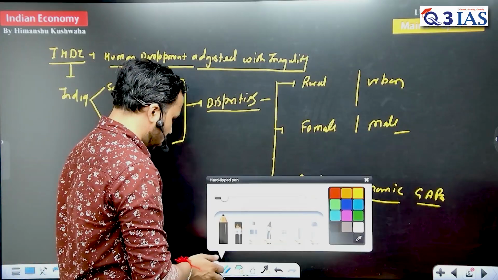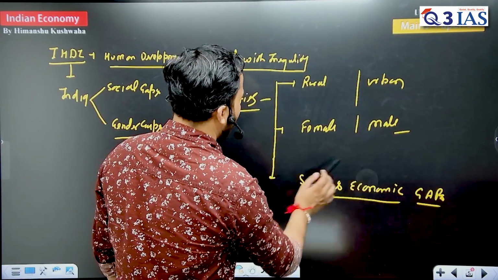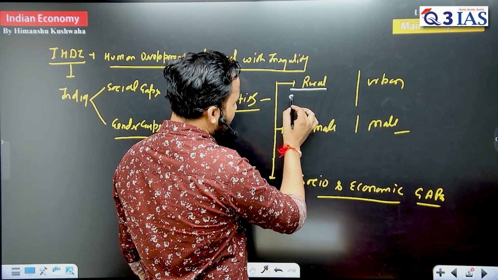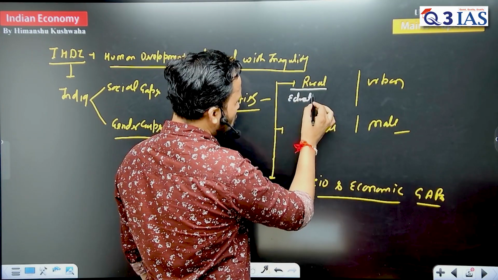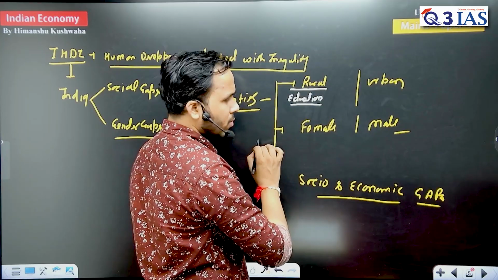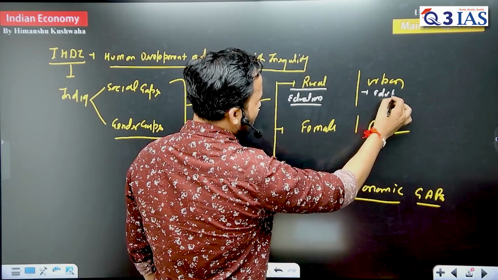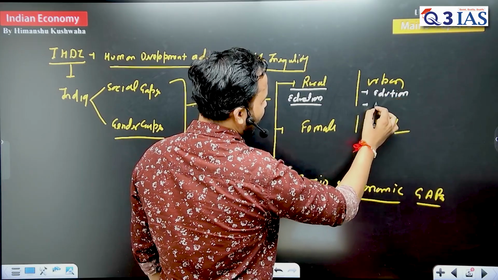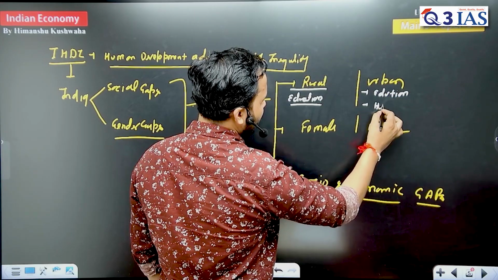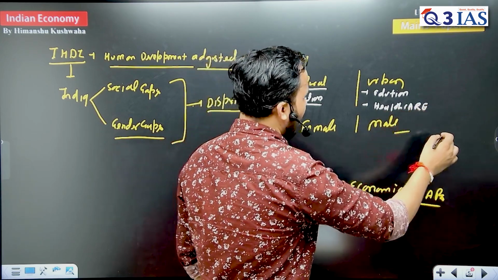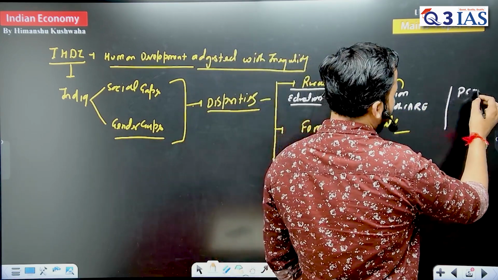How can we understand this concept? If we talk about the rural areas, they will have lower education access, and the urban areas will have better education services, better healthcare services, better per capita income.